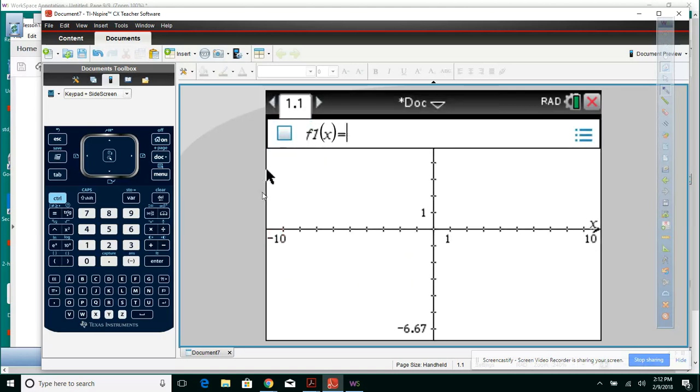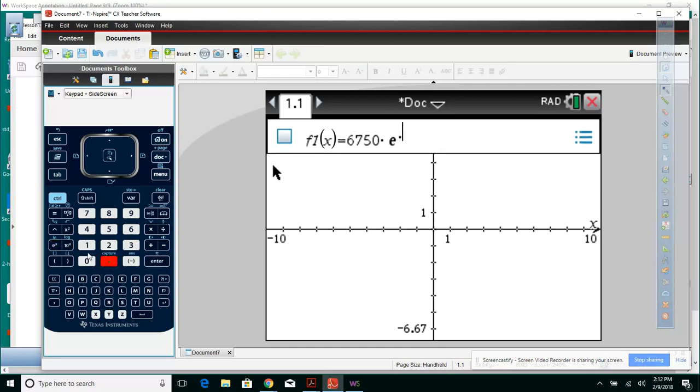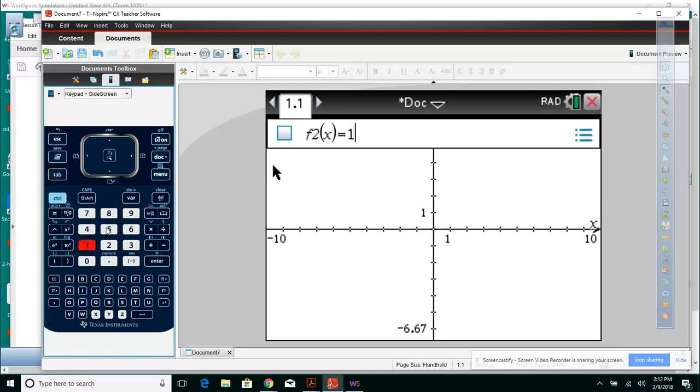And we've got $6,750 times e to the 0.0623, got to use x, 0.0623x, and then press enter. And tab, let's hit the 15,000.